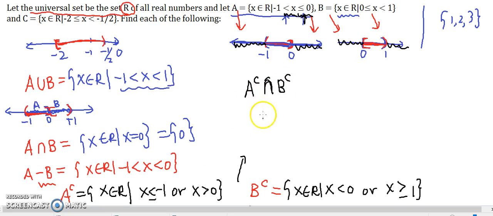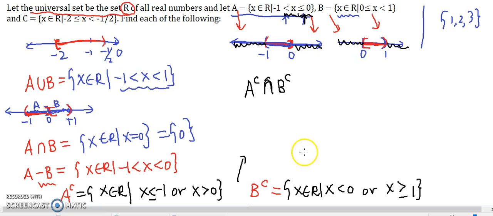First of all, we found the answer for the complement of A, which is right here, and we found the answer for the complement of B. So we do complements for each of them first, and we're just going to use the answers from here and there. And we're going to do the intersection now. This one is a little tricky because they all have two parts.